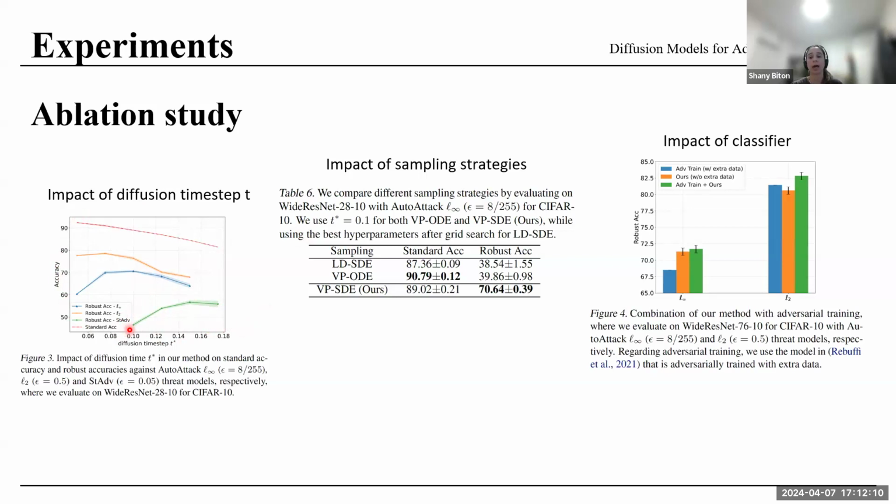They concluded that stronger perturbation, which is associated with SVDiff, needs a larger diffusion timestamp to be smoothed out.